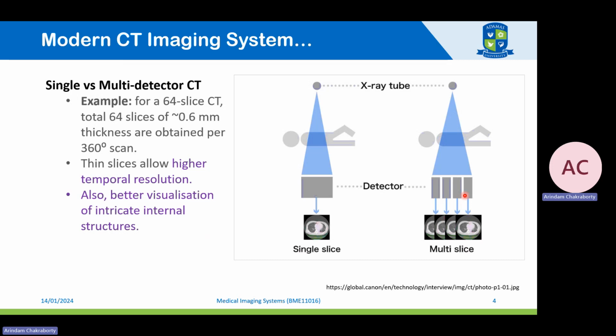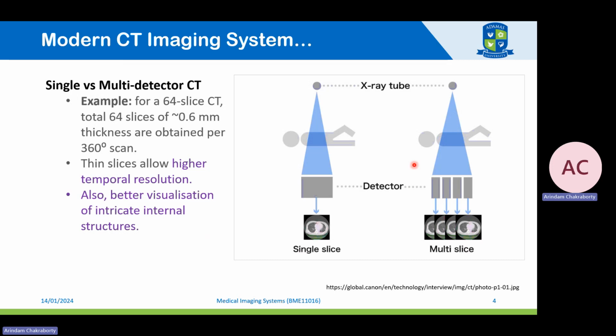There are several terms that are used, that is a 64 slice CT, a 128, 256 slice CT. So 64 slice CT means that it takes a total of 64 slices of a certain thickness, around 0.6 millimeter thickness, that are obtained per 360-degree scan.